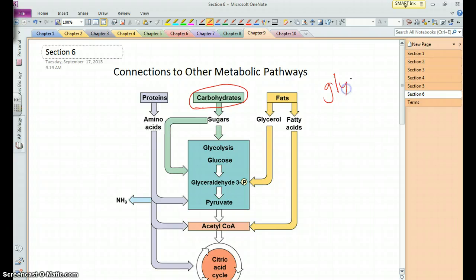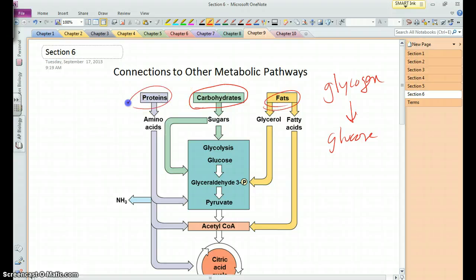You remember that glycogen that's stored in the liver, you'll break it down into its basic glucose molecules, and then they'll go through glycolysis, etc., etc. Now, your body can also make use of fats and proteins, and they can be broken down into various components and fed in at different steps of the process. But like I said, carbohydrates is sort of the first choice. Then you'll go to fats, and then you'll go to proteins.